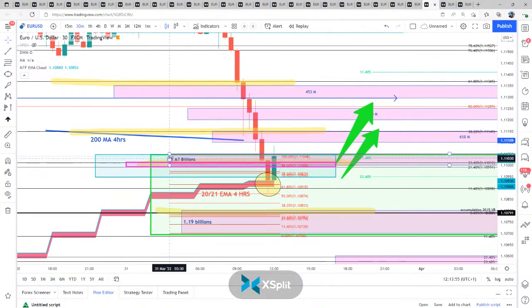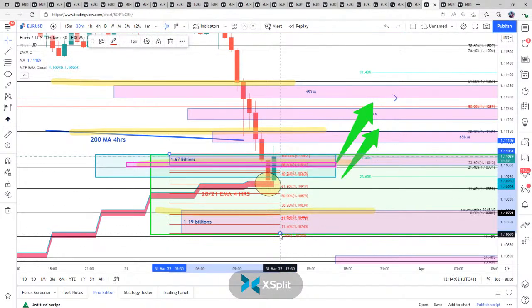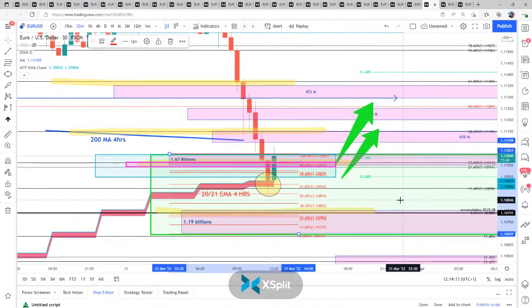So you see, we take the top here, we take the bottom of the two things, and we see we went to the 50% of that. So if you are a market maker, you have put in a lot of money here. Do you consider this one plus that one? No, you just mix everything together and you have one big position that is in the middle. It's more or less the same size.